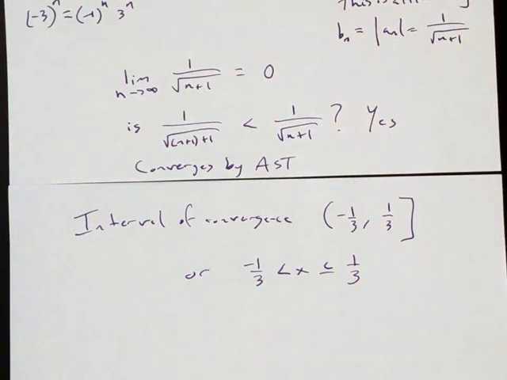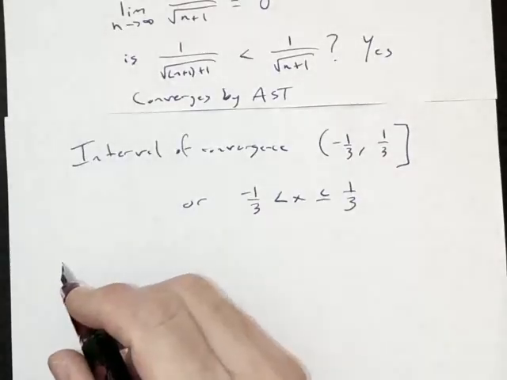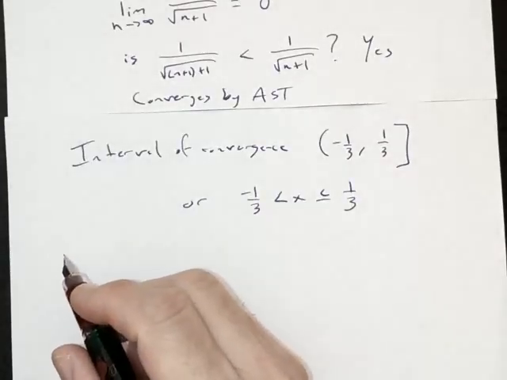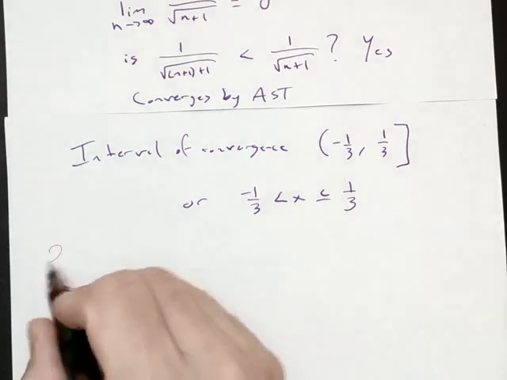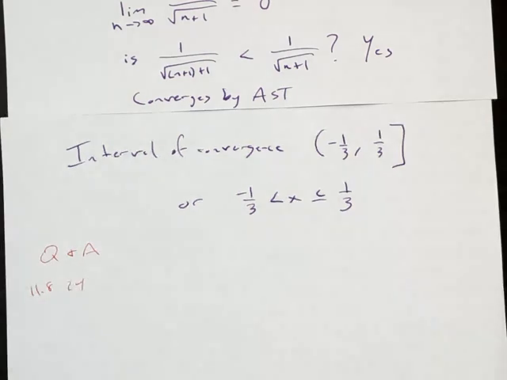But this is question and answer day. So 11.6, 11.7, 11.8. Ratio and root tests, general series strategy, and power series. What questions do you have? Pretty sure that wasn't me. 11.8.24.